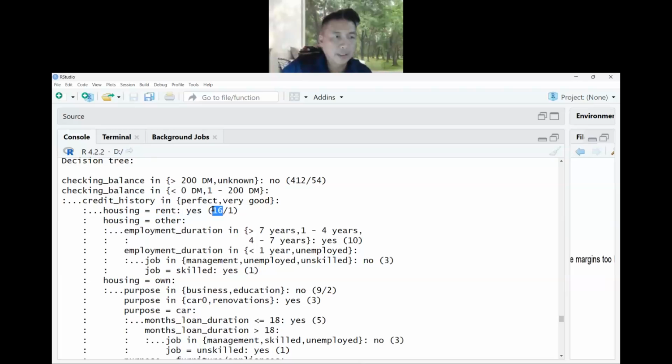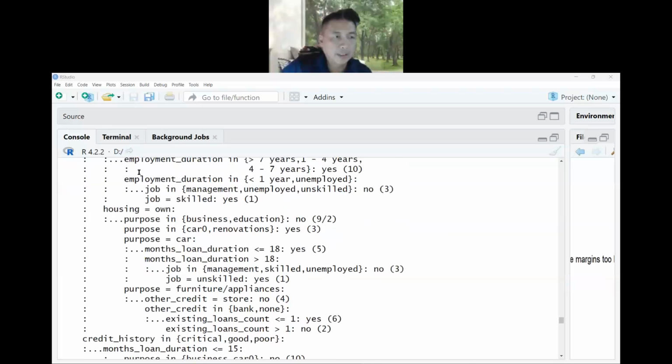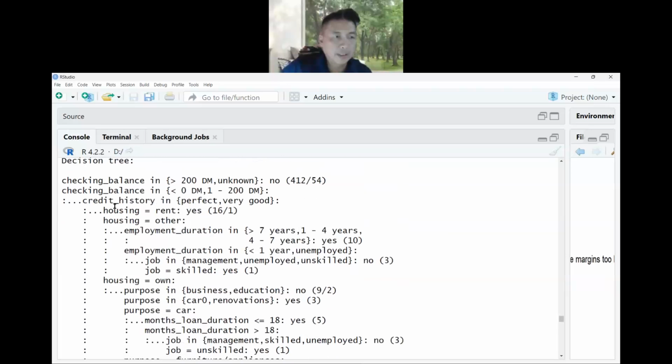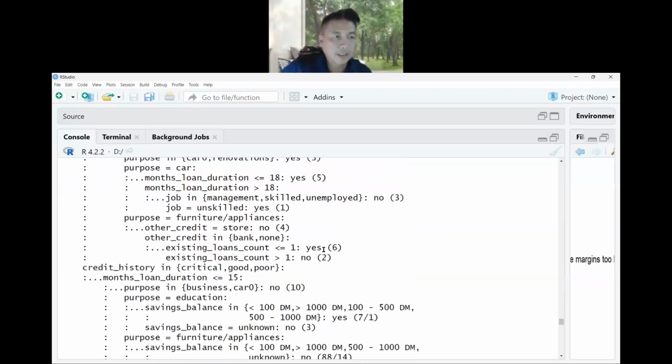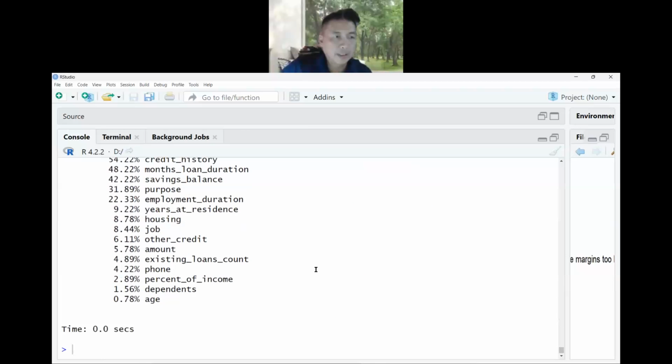So this is 16 correctly classified and one is incorrectly classified. If you have new data, you just follow the path here. Depending on the value, you can say no or yes. This is the tree that is constructed.